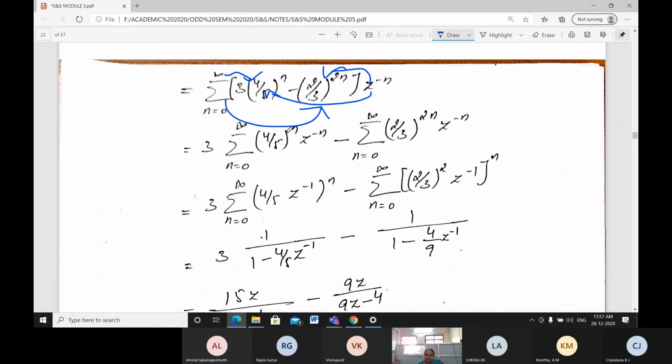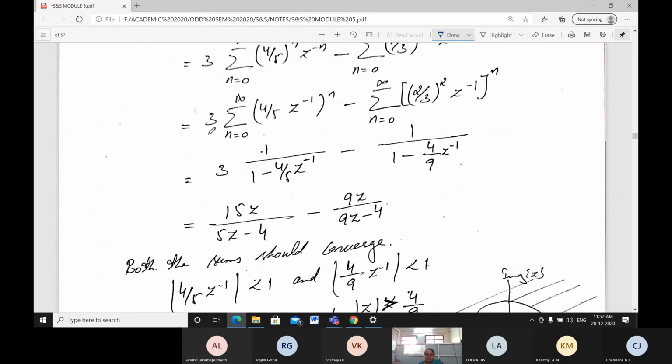Then take the power as a common factor, that is 4 by 5 z inverse power n, and here 2 by 3 squared z inverse power n. By using the basic formula, you will get 3 into 1 divided by 1 minus alpha, that is 1 minus 4 by 5 z inverse, minus 1 divided by 1 minus 4 by 9 z raised to minus 1.